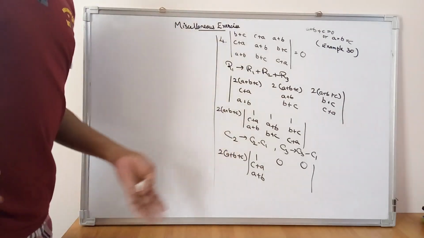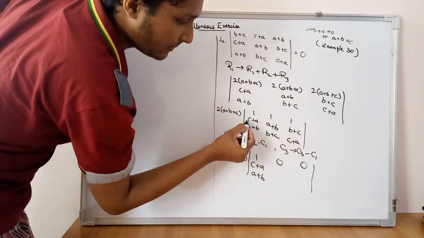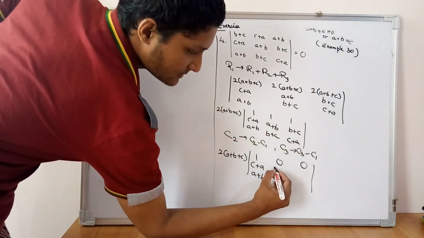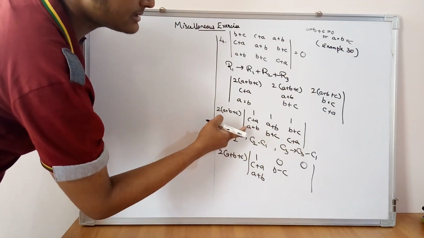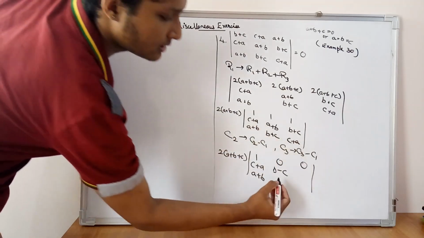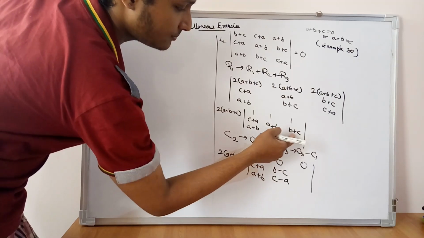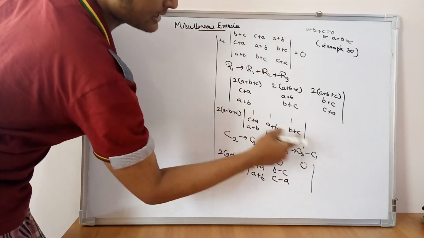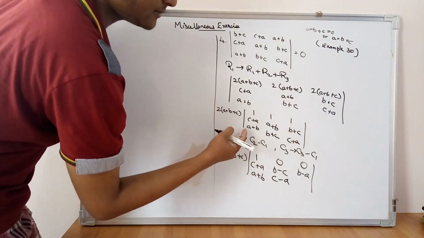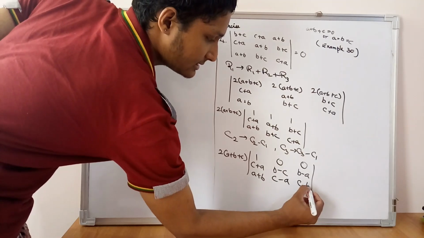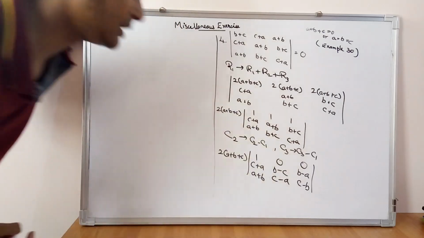Next, A plus B minus C plus A becomes B minus C. Then B plus C minus A plus B: B and B cancel, you get C minus A. Then B plus C minus C plus A: C and C cancel, you get B minus A. Then C plus A minus A plus B, you get C minus B.